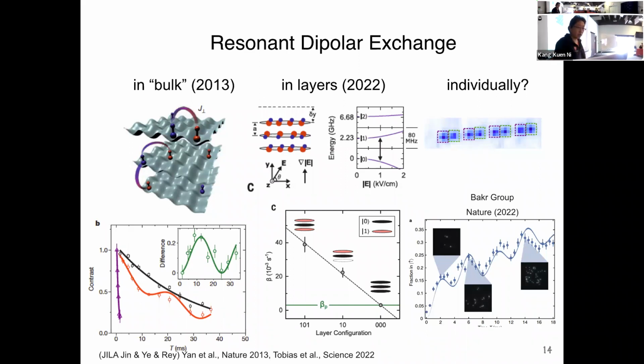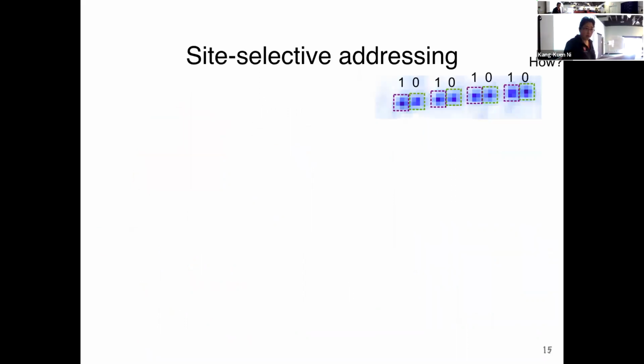Again, sparsely filled molecules in a lattice, in two dimensions in this case. Okay, so the site-selective addressing is what we want, to prepare molecules in 1, 0, 1, 0, 1, 0. These 1, 0 are the rotation states.